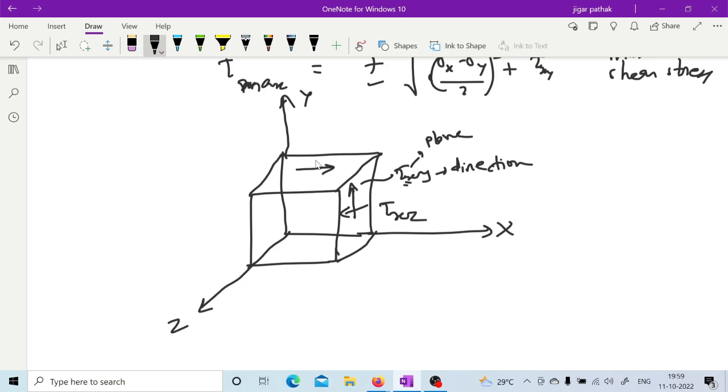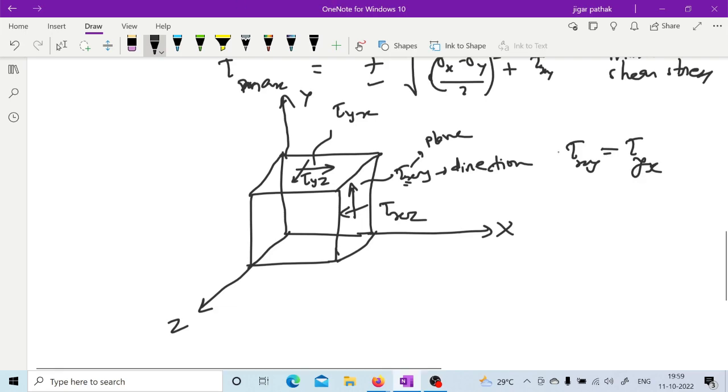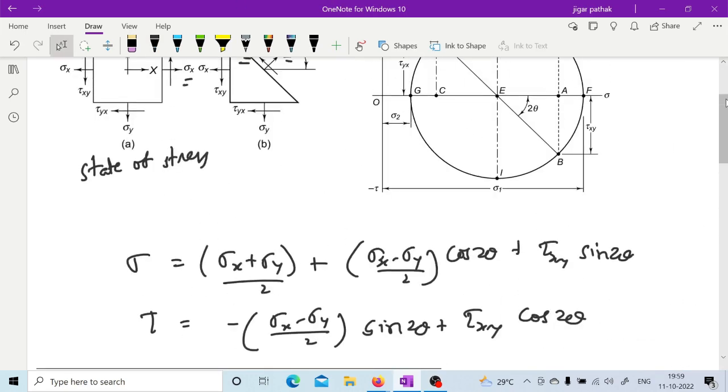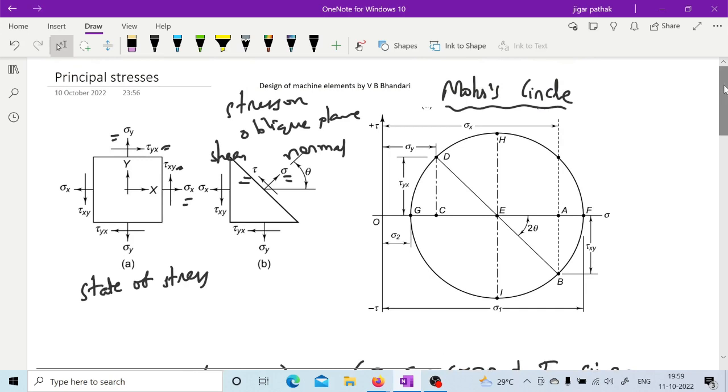Tau yx. Yes, tau yx. Similarly here you may have tau yz, and it can be proven that tau xy is equal to tau yx, right?